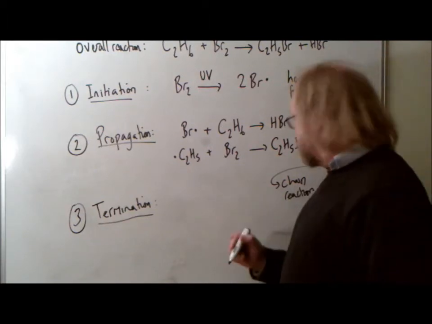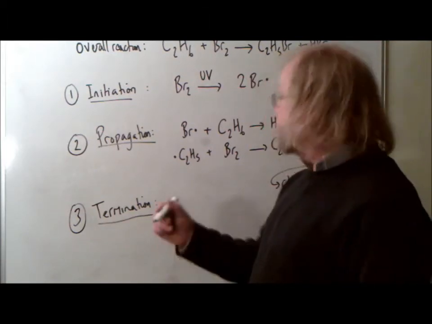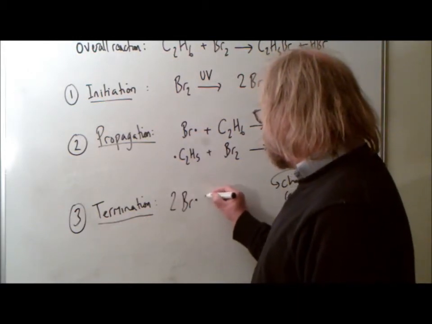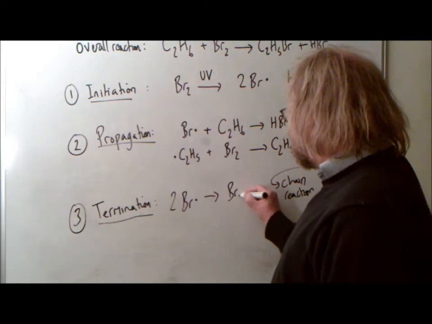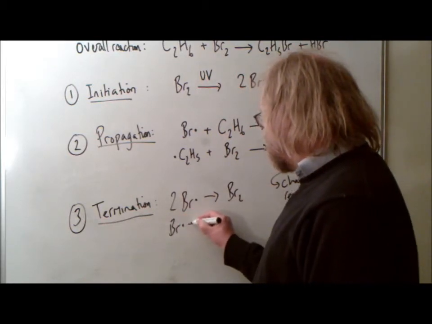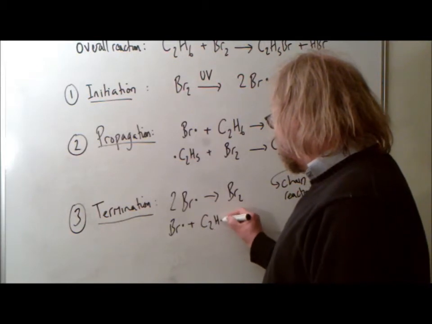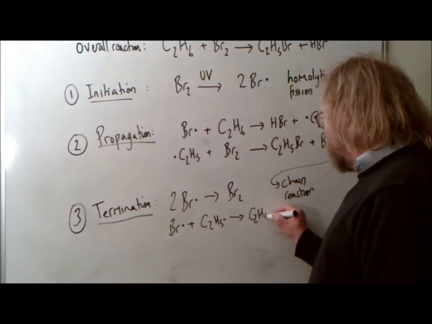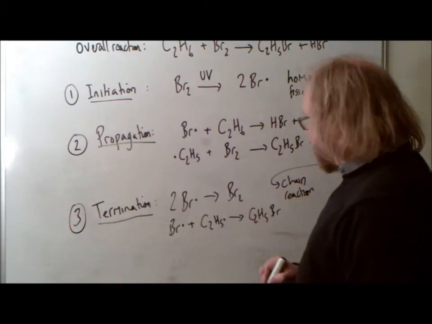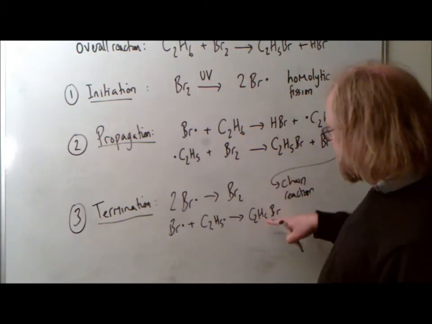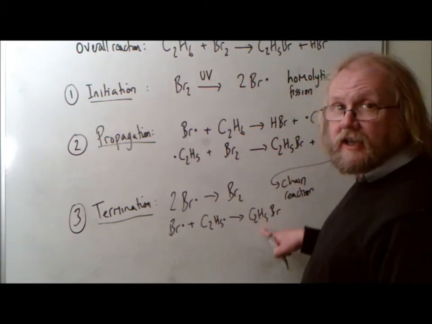So there are three possible steps, and it's worth writing them all down. You can get two bromine radicals reacting together to give you Br2. You can have a bromine radical reacting with an ethyl radical to give you C2H5Br. And in terms of outcome, those two aren't very interesting, because this just regenerates a reactant, and this produces a slight extra bit of the product.